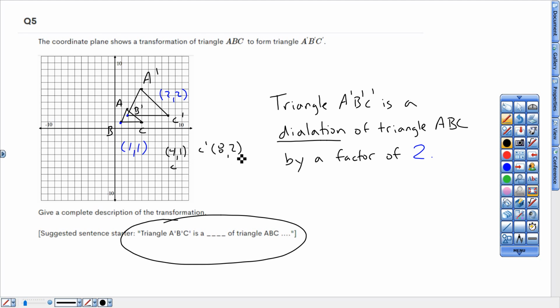You can see that is right. That is 8, 2 right there. So again, when I do a dilation, every number in each coordinate is times by that same number. Every coordinate number times by 2 to make it grow. So that would be triangle A prime, B prime, C prime, a dilation of triangle ABC by a factor of 2.